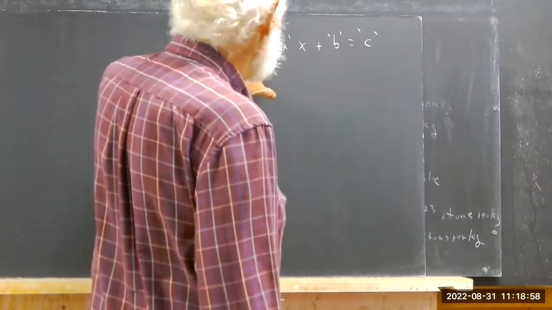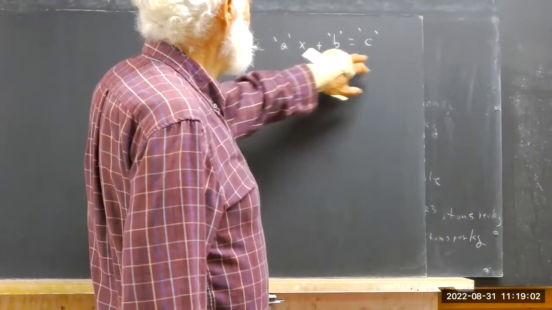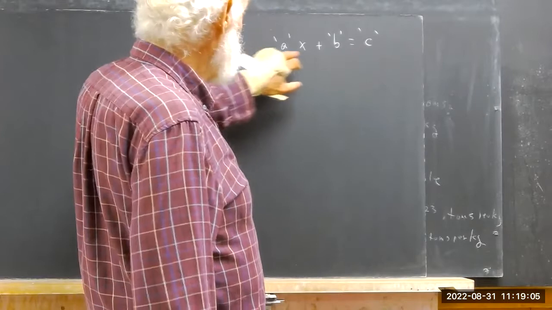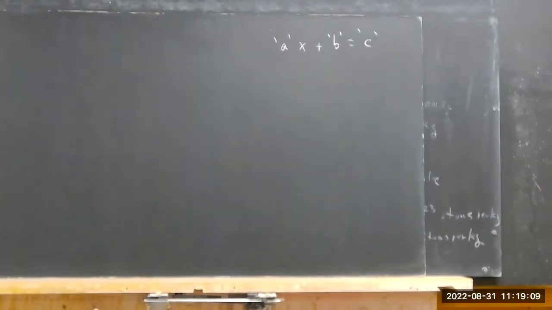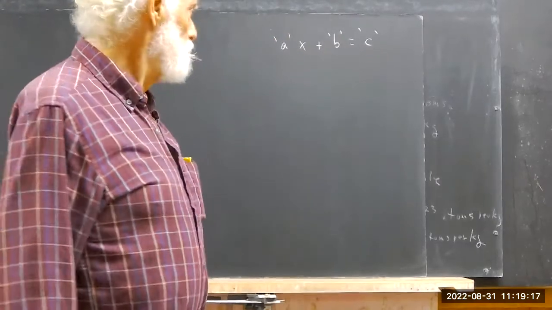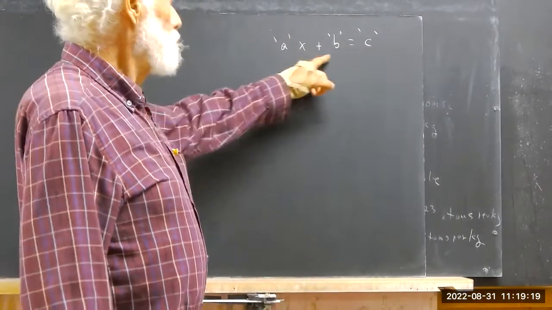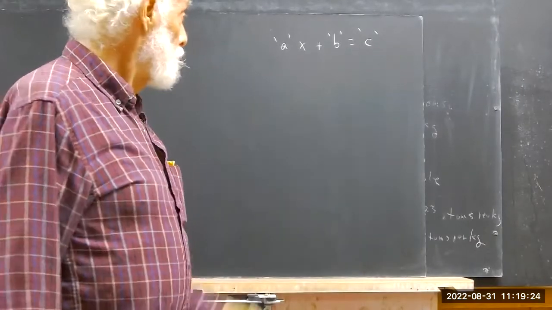So if your A, B, and C are 5, 7, and 12, then you put a 5 here, a 7, and a 12 here. And you can use 5, 7, and 12. So if it's 5, 7, 12, you write 5x plus 7 equals 12, and you solve it for x.